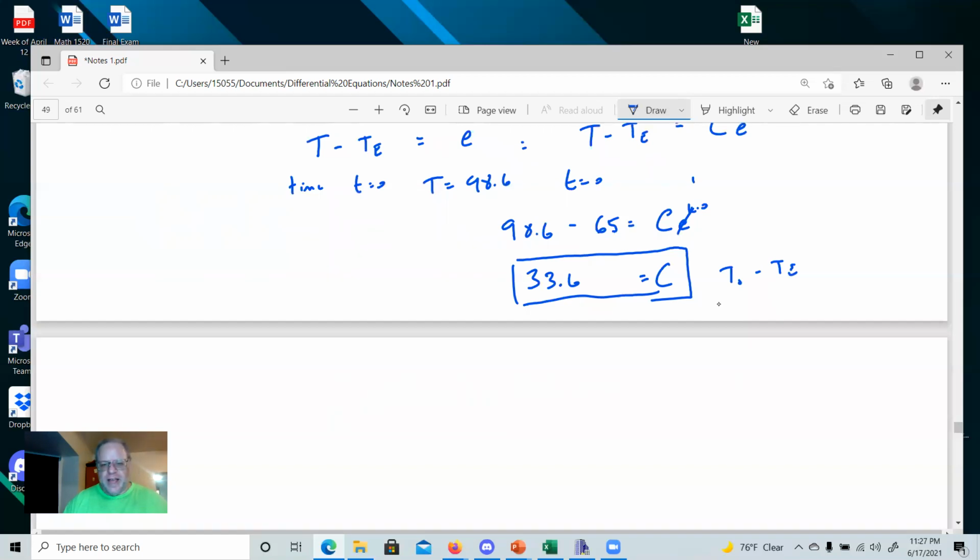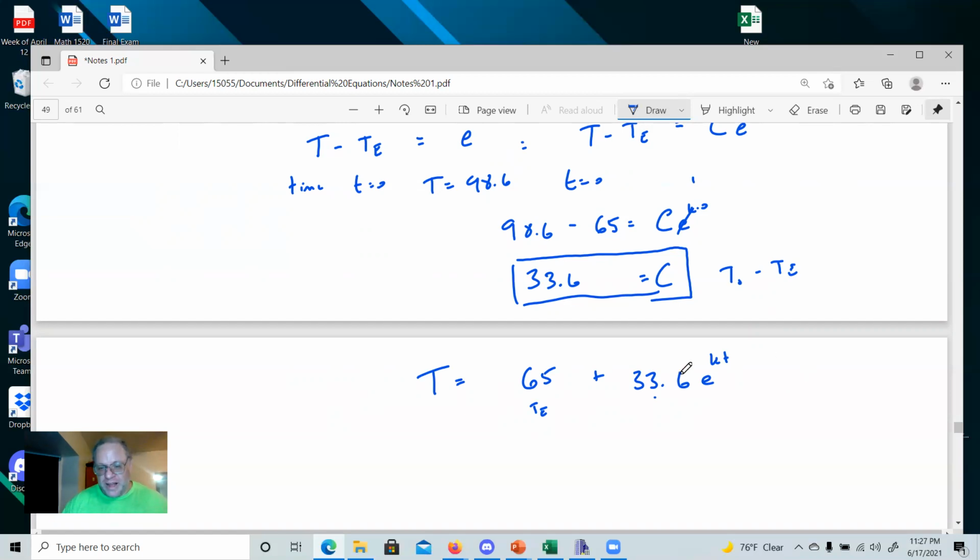So solving for T, we're going to have T is equal to 65. That's our TE, our environmental temp, plus 33.6 e to the kt. Now we figured out our constant of integration. Now we have to figure out our constant of proportionality.